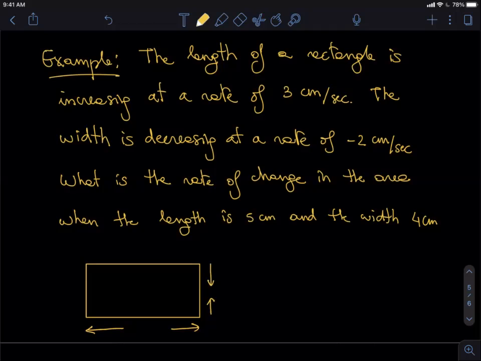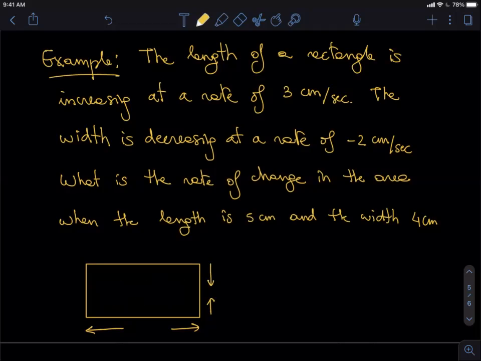So what is the rate of change in the area when the length is 5 centimeters and the width is 4 centimeters? Okay, here the question could be actually saying, is the rectangle disappearing or is it somehow increasing the area? What is the tendency? That's what we want to know.